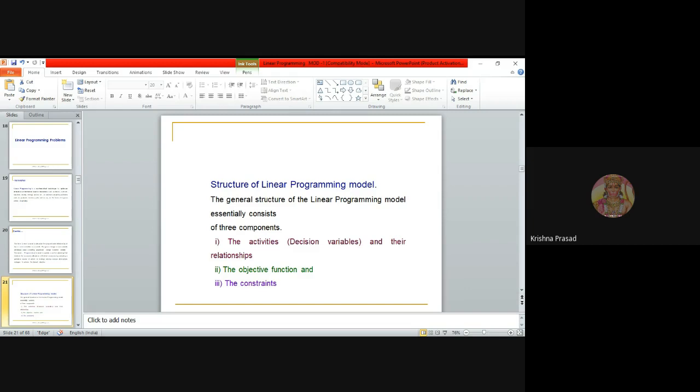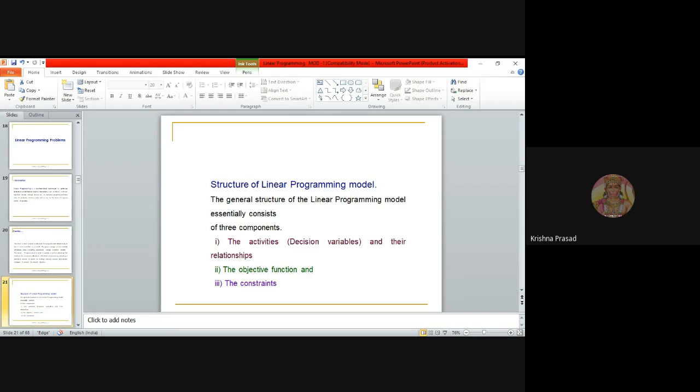The second one is to identify whether the problem is related to making profit or cutting down the cost, and write max Z is equal to or min Z is equal to. You can write either max Z or min Z. And the next one is constraints. As you know, constraints are there. For example, if you have around 10 acres of land, the constraint can be proper availability of your manures, or proper availability of your labor, or proper availability of water.